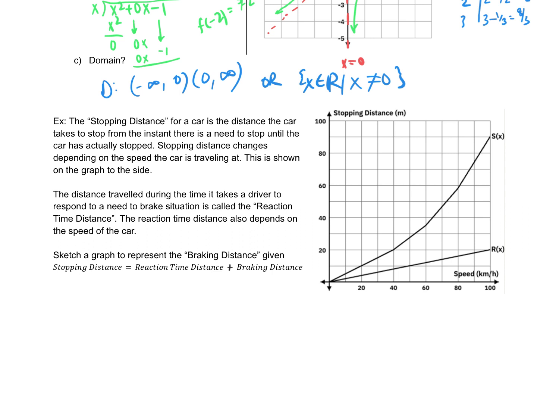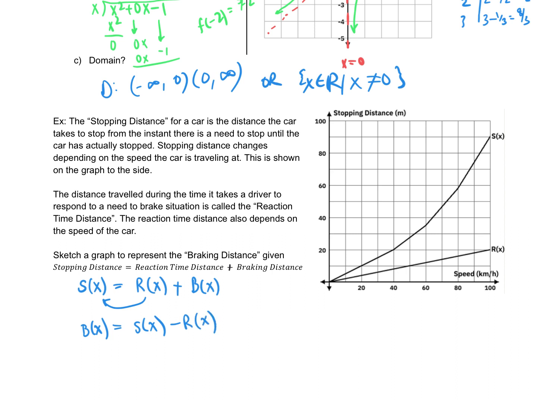So we need to sketch a graph to represent this braking distance. So I'm going to turn this into functions. My stopping distance, let's say S at X, the reaction time distance R at X, and the braking distance B at X. So if I want braking distance, I'll bring reaction time over, and the braking distance will be the stopping distance minus the reaction time.